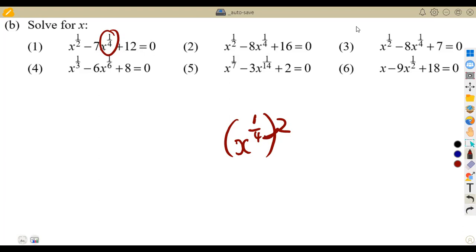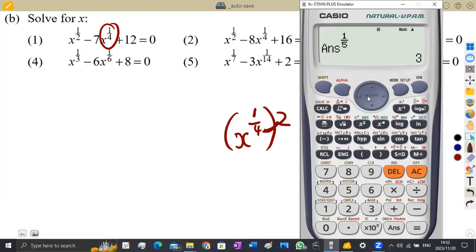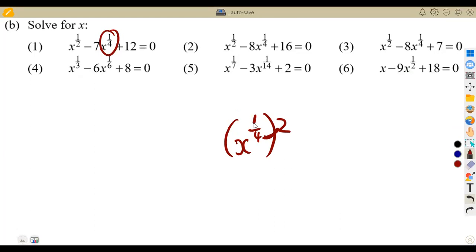So meaning to say that can be written as a quadratic equation. Let me show you what I'm trying to say. 1 over 4 like this. Remember, with an exponent, you multiply, you don't raise it to the exponent of 2, no, you multiply by 2. So what do you get? A half. So wherever I see x to the exponent of 1 over 4 being raised to the exponent of 2, it is the same as x to the exponent of a half.